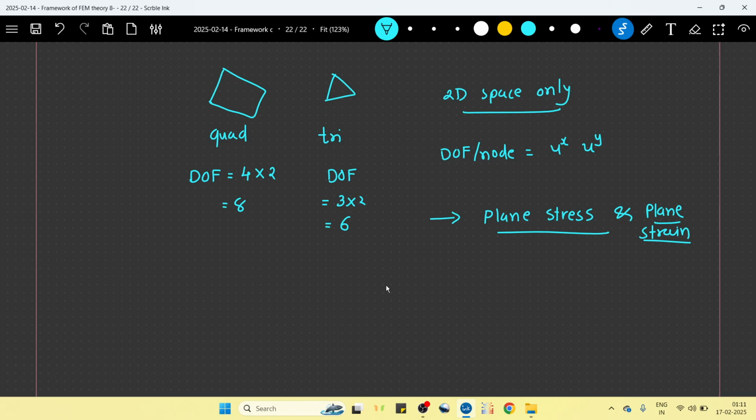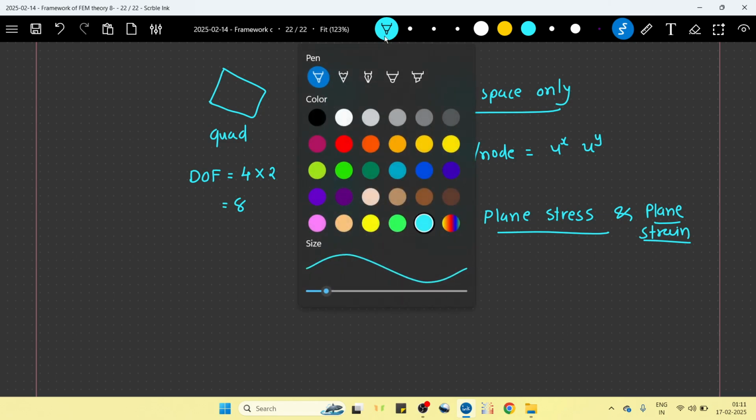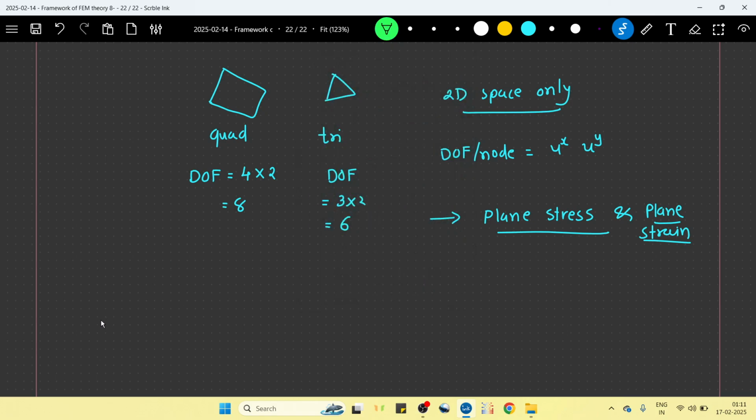So next let's see 3D elements. Third classification is 3D element. We'll only see linear, but this element can be linear and quadratic.